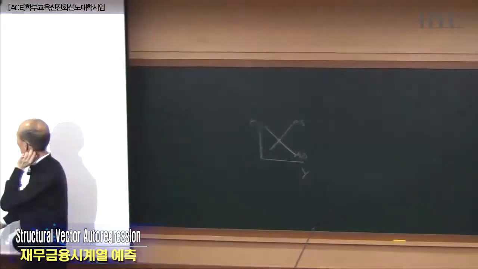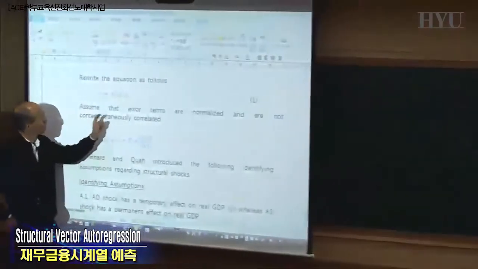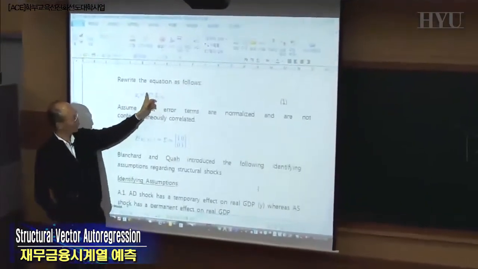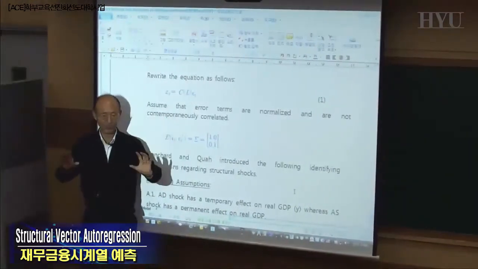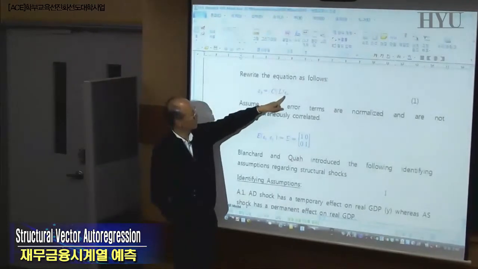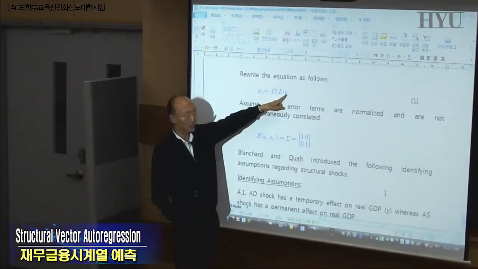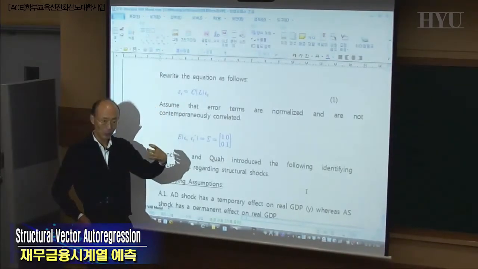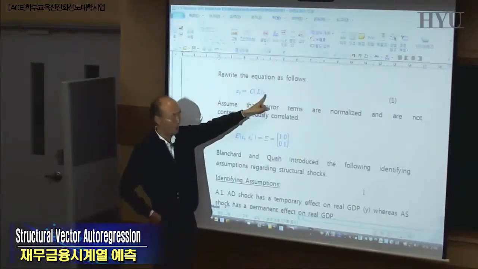We can rewrite the above equation in this compact notation. So, that has 4 elements, right? This one. And obviously, this epsilon t consists of aggregate demand shock and supply shock, right? So a 2 by 1 vector.